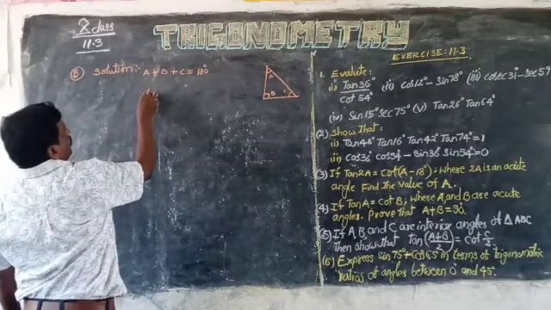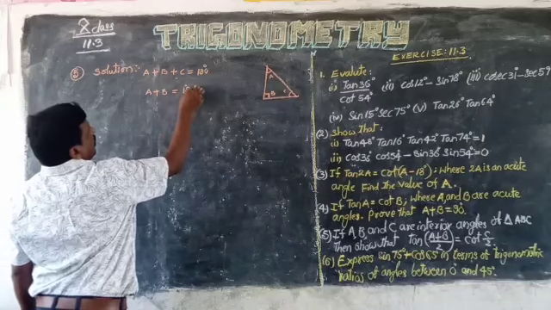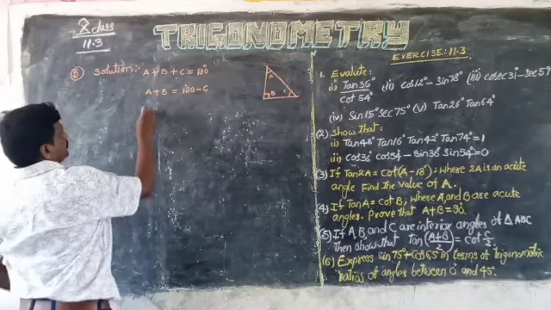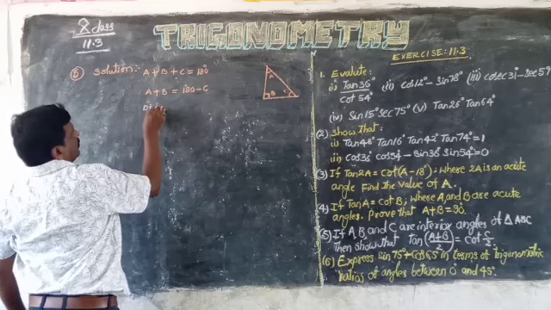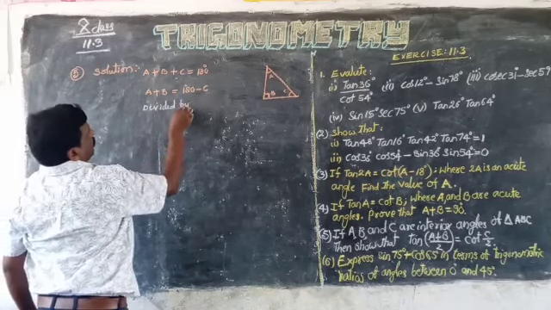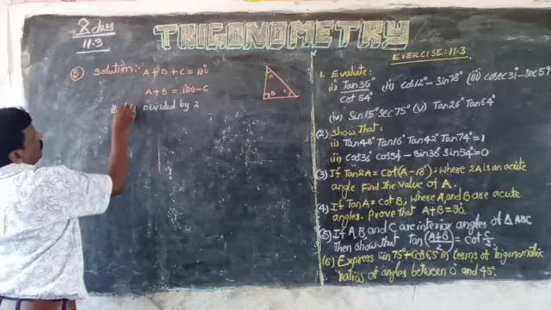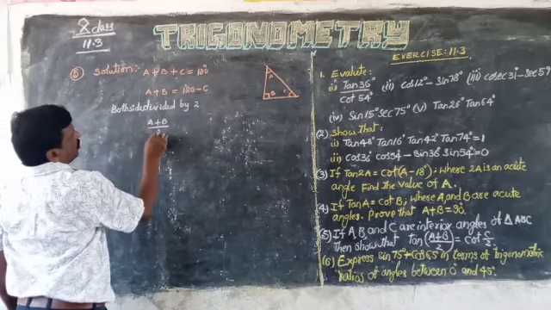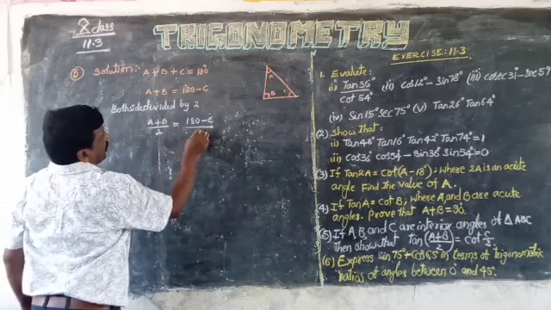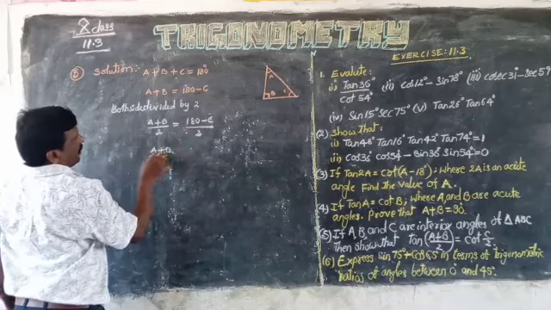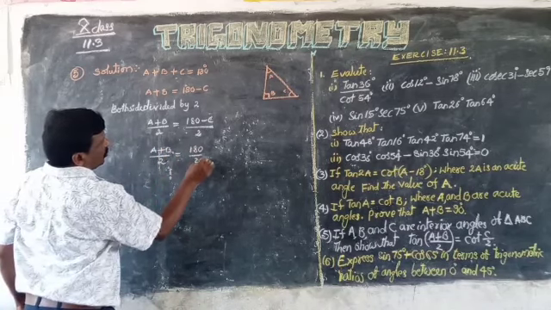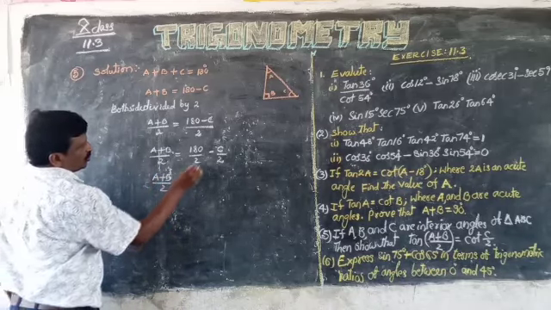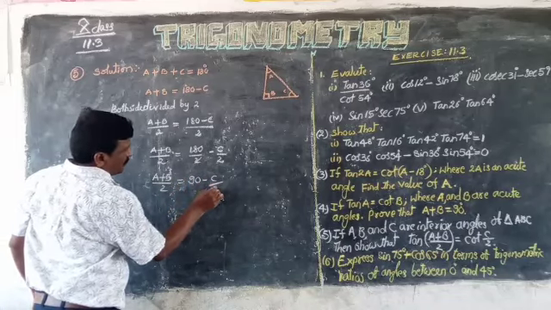So A plus B is equal to 180 minus C. Dividing both sides by 2, (A plus B) by 2 is equal to 180 by 2 minus C by 2, which is 90 minus C by 2. Applying tan to both sides, tan((A plus B) by 2) is equal to tan(90 minus C by 2).